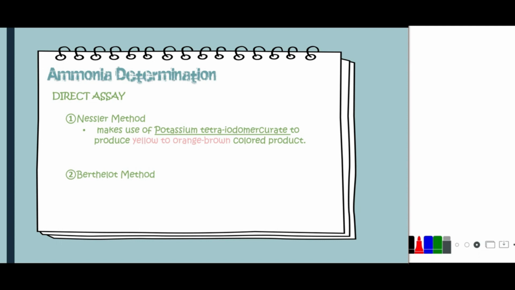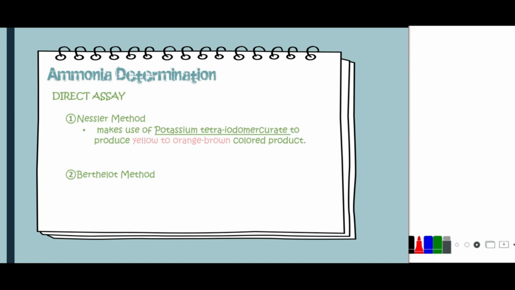The range of the color, guys, will signify the level of the ammonia present. If the color produced is yellow, that means that there is a moderate amount of ammonia present in the sample. If it is orange to brown, it will indicate that there is a high level of ammonia in the sample.